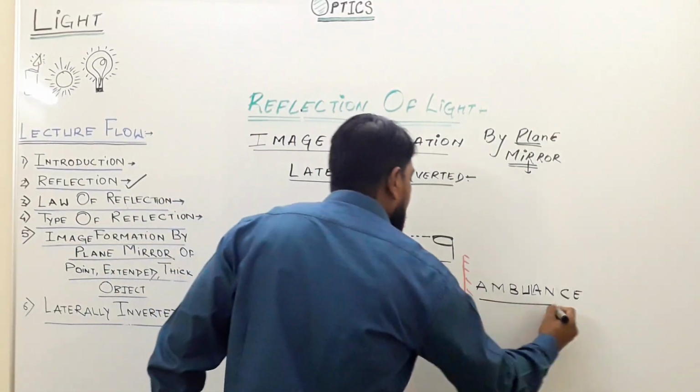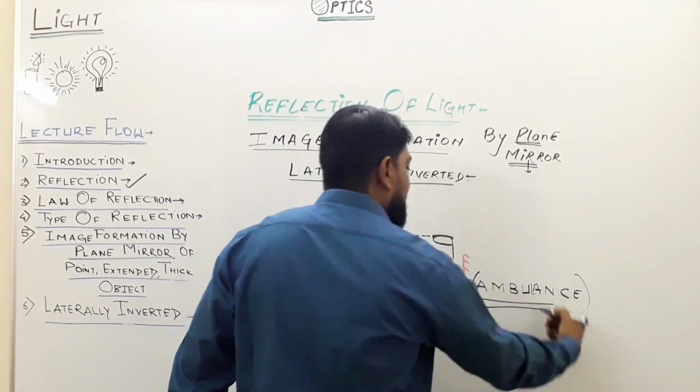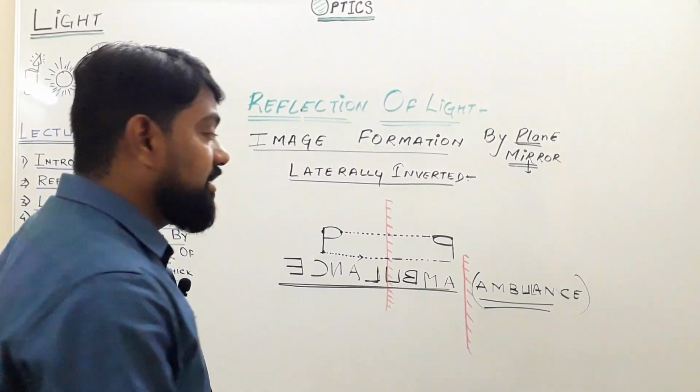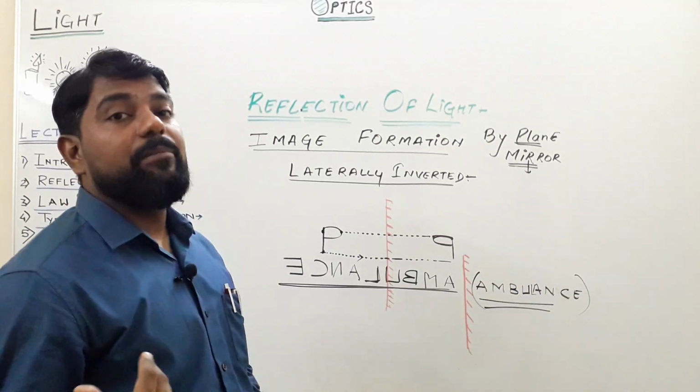When we see it in our rear view mirror, it appears correctly, so it is easy for us to recognize which vehicle is coming from behind.